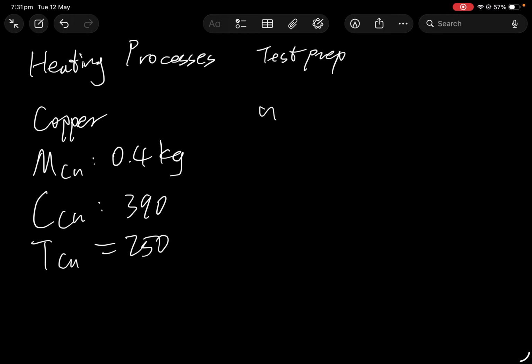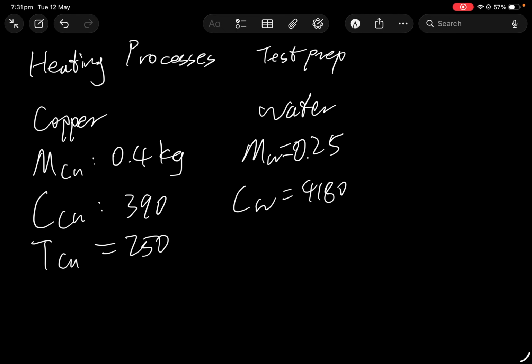Now water in the calorimeter: the mass of water is 0.25, C of water is 4180, and the temperature of water is 0.